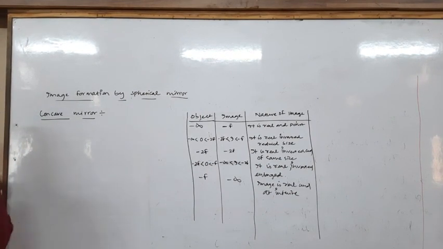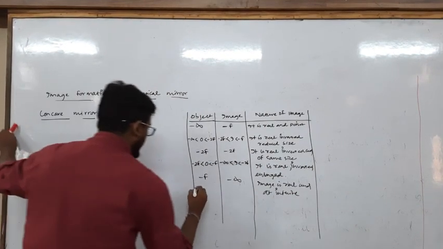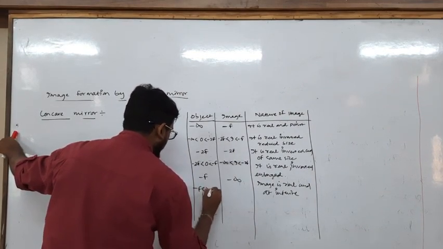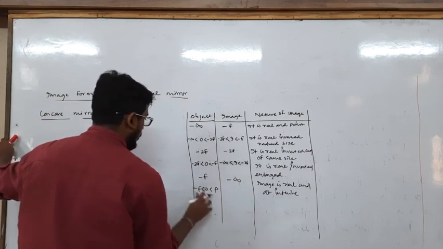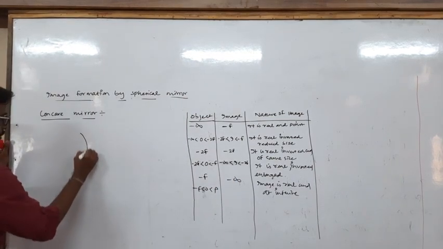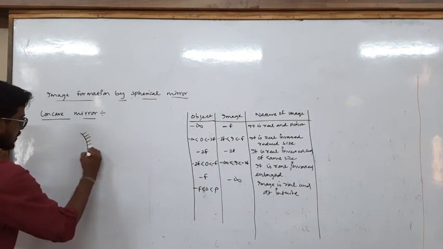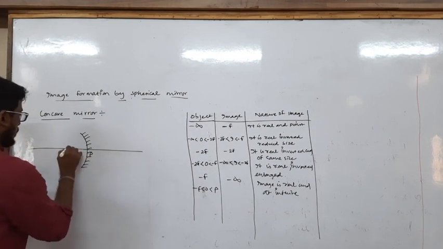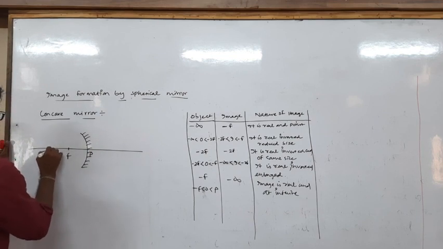Next, if the object lies between F and P, the pole, then what will be the condition for the image? This is the pole, this is the focus, this is the center of curvature.